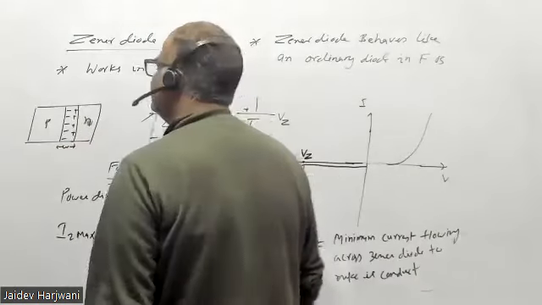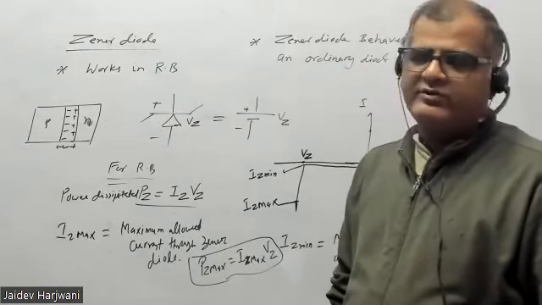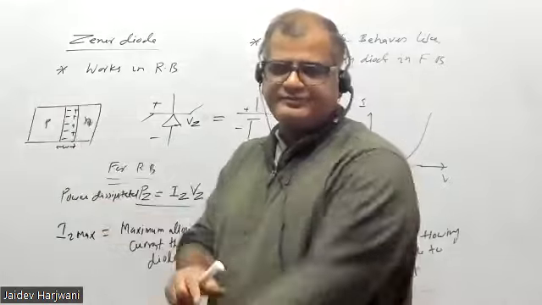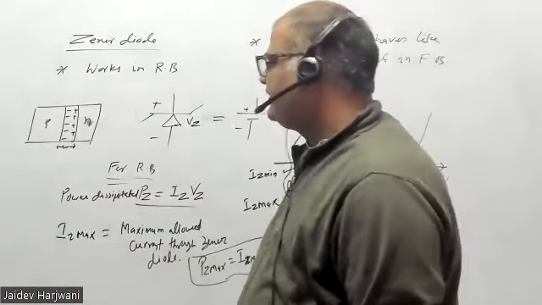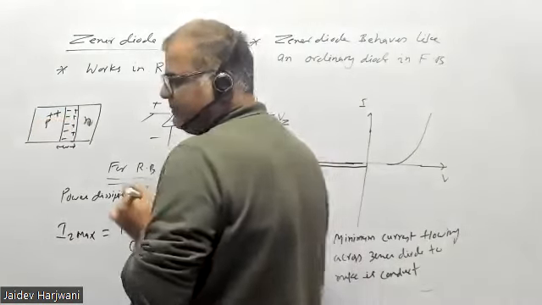Now when you make a Zener diode, the doping is very high. Generally you can make the P doping very high, P plus plus.